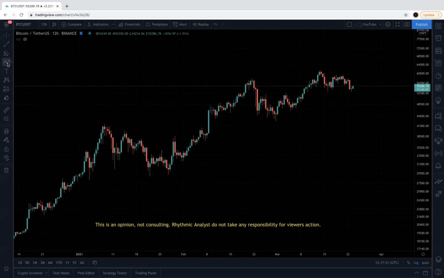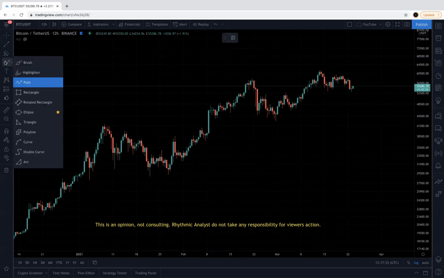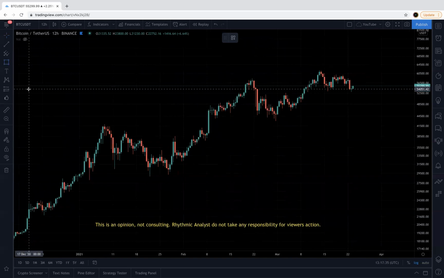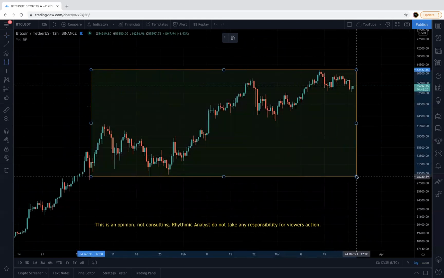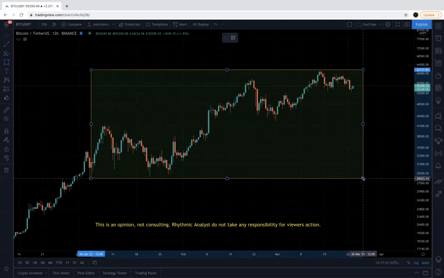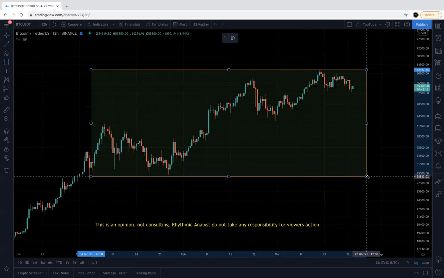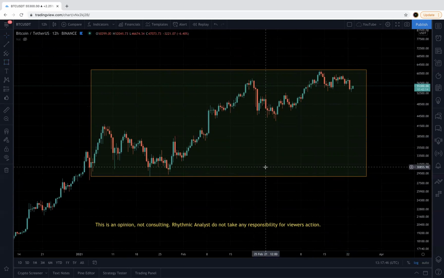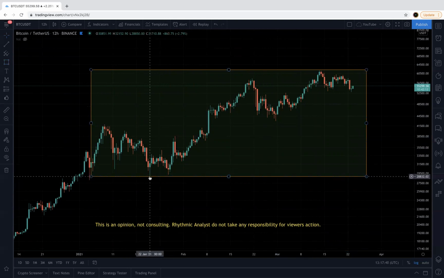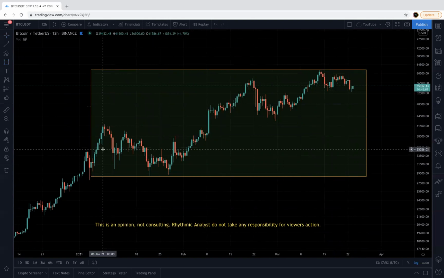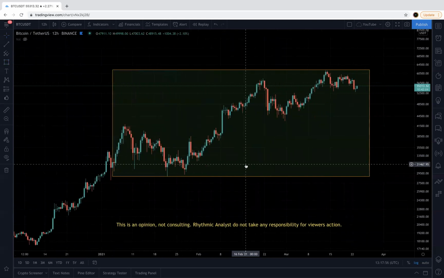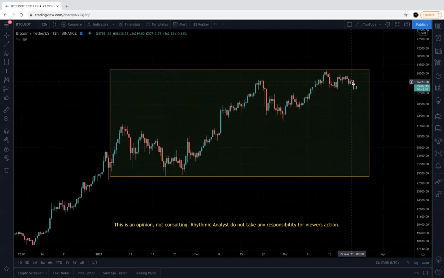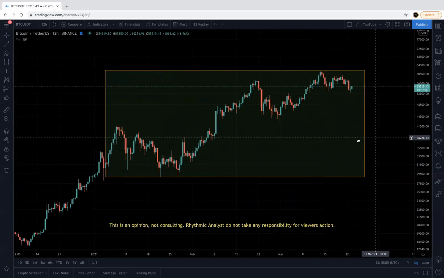Okay, one way to put it in simple words is this is consolidation, as I said, and I would put a box like this. This is a simple technique where you have this lower boundary, this is the upper boundary, and as you can see, this is a whole entire wave, but I'm choosing this segment of the wave under consolidation.